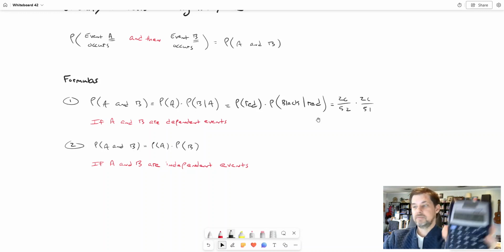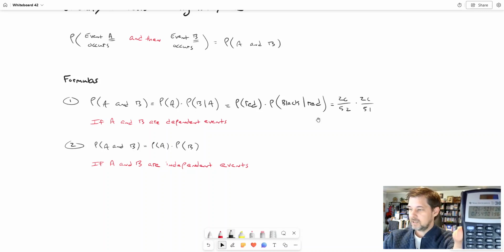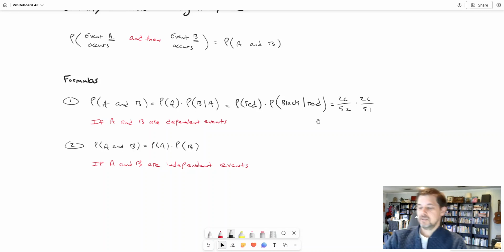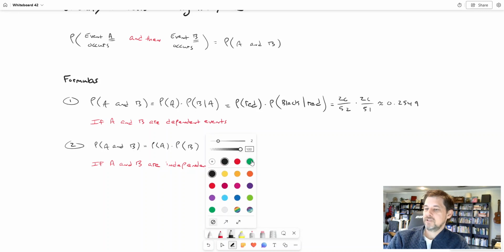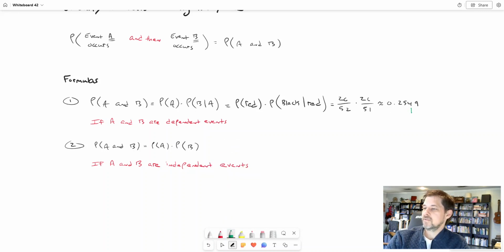I get 0.2549. Let's write that here on the whiteboard just for the sake of having it down: 0.2549. Following those instructions, rounding to 3 decimal places would be rounding to the decimal place where the 4 is. Because the next digit is a 9, that's going to be 0.255.